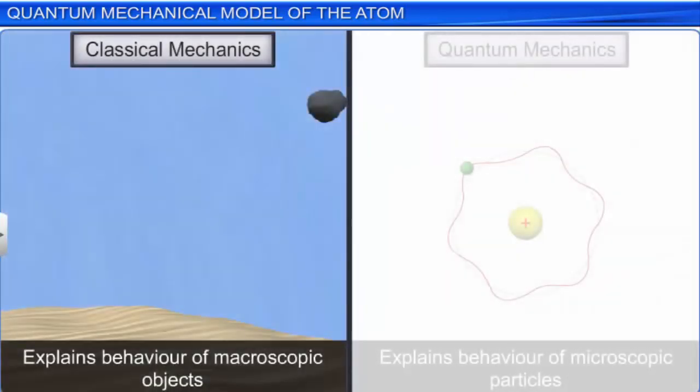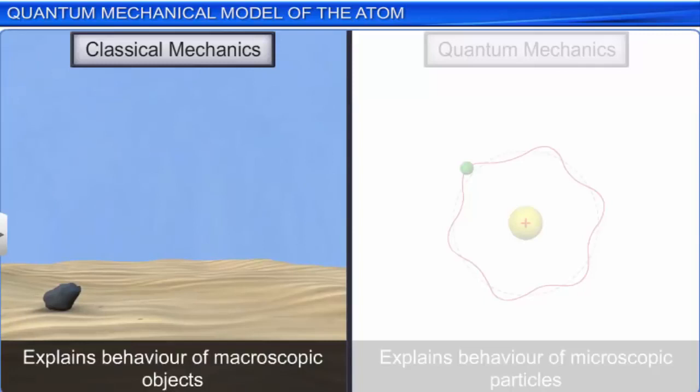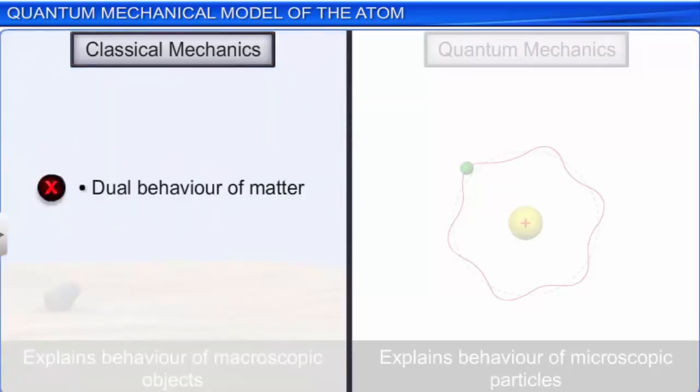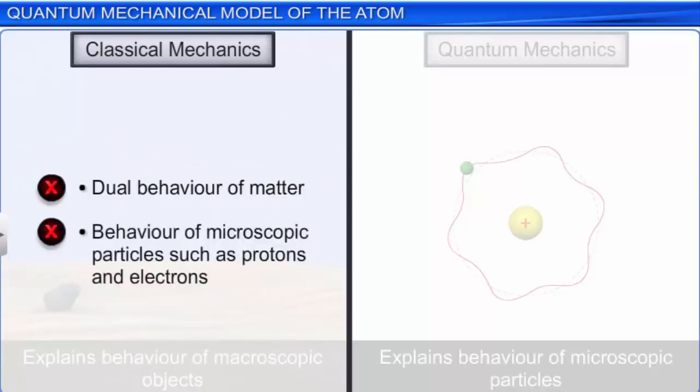Classical mechanics successfully explains the behavior of macroscopic objects, such as a falling stone, on the basis of particle nature. It ignores the concept of the dual behavior of matter and thus fails to explain the behavior of microscopic particles, such as protons, electrons, and so on.